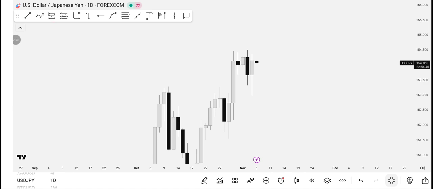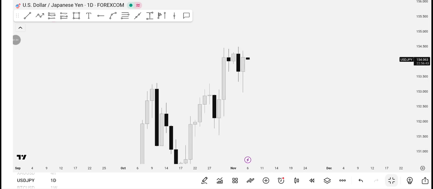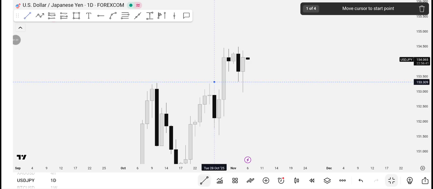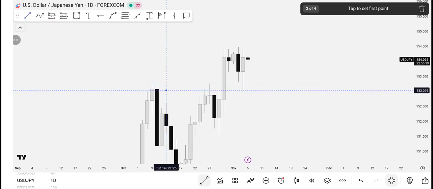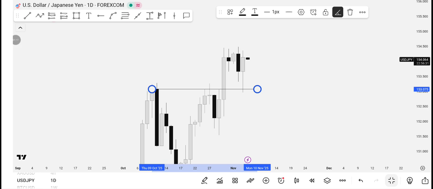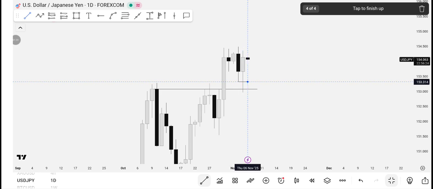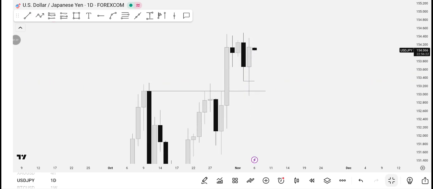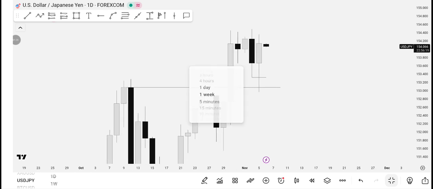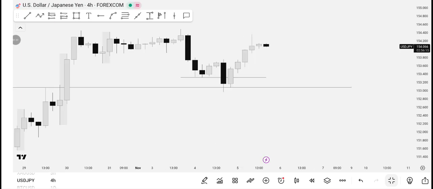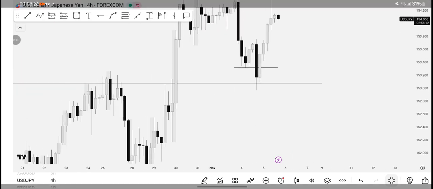So I observed this level, this A level, the resistance level that was already used before, then got broken by this engulfing bullish candle over here. So this was my liquidity. As for the buys, this was my liquidity. So I have to go down to the 4-hour time frame to get a refinement for my entry.